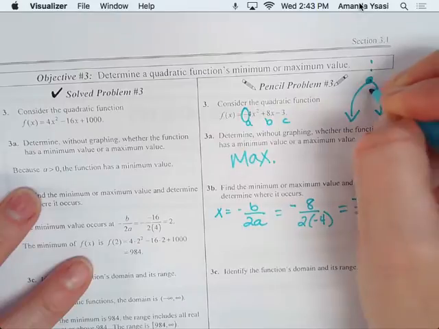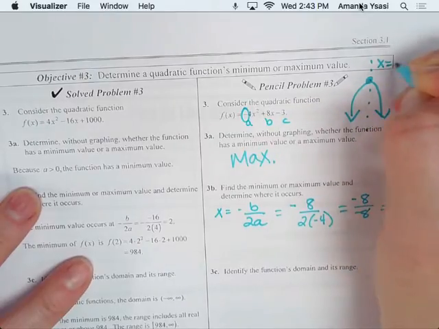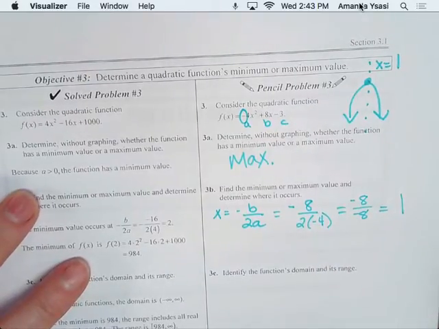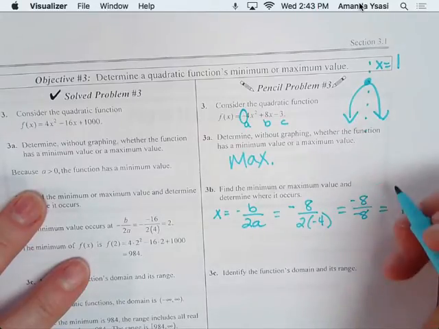So our axis of symmetry is going to be where x equals 1. So that's part of the vertex.